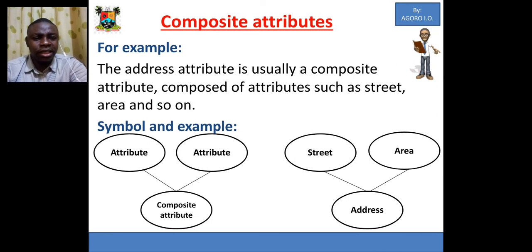When you look at the second symbol, which serves as the example, and then look at address, you will notice that address contains two additional attributes, which are street and area. So street and area serve as the components of what? Of the address. Address consists of street and area. So this means that address here is a composite attribute because it consists of other attributes, street and area.